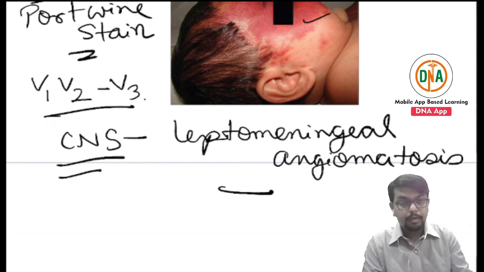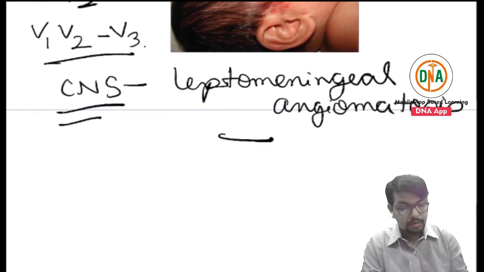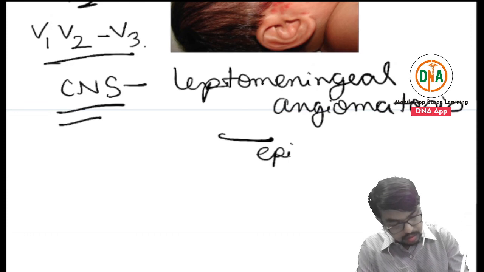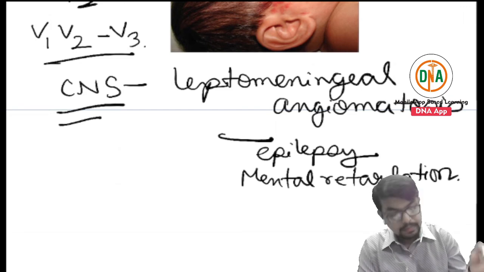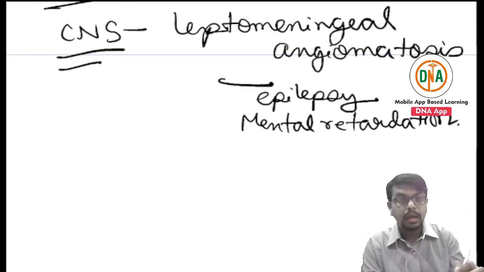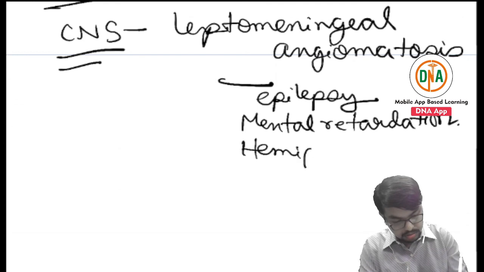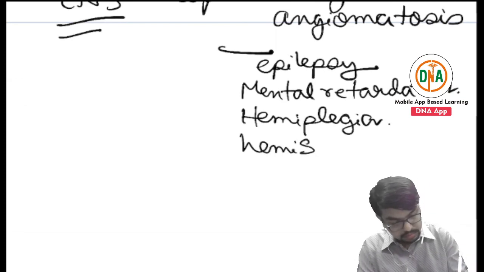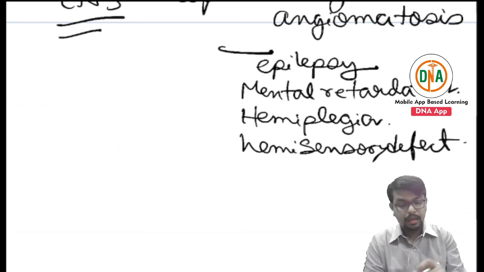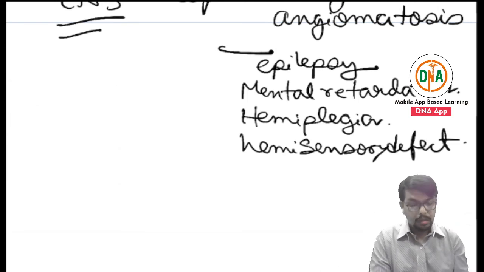Okay, leptomeningeal angiomatosis, this is responsible for epilepsy, mental retardation, hemiplegia, hemisensory defect, and homonymous hemianopia.